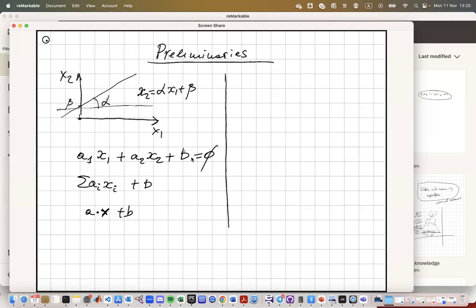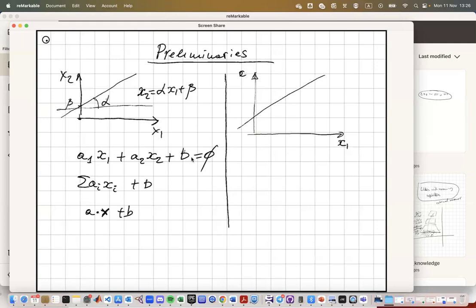Another thing to remember for today's discussion is how to compute the distance of a point to a line. So if you have some original coordinate system with your features or coordinates, first of all, now we can draw a line.